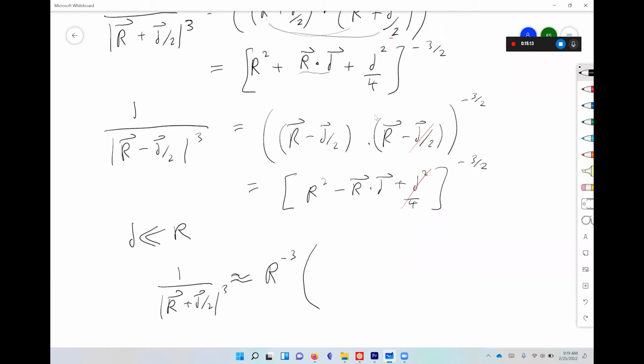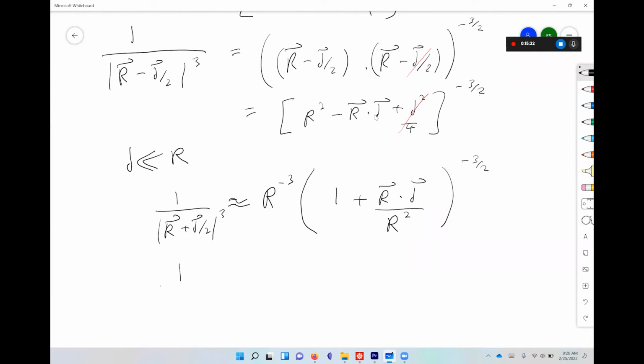And then whatever is left inside is going to be 1 plus R dot D over R squared, because I took R squared out. Okay, and then the D squared over 4 I ignore.